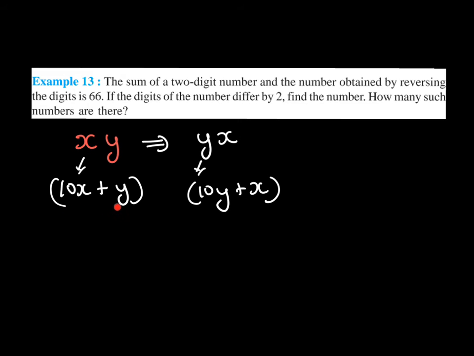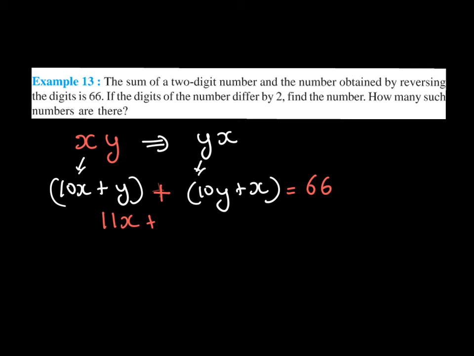This is the two-digit number and this is the two-digit number after reversing it. And it says that the sum of these two numbers is 66. We can open the brackets and simplify it. So 10x plus x will make it 11x.